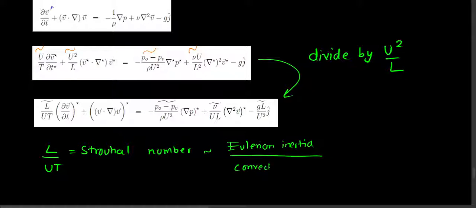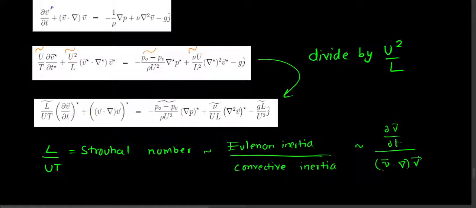We have talked about the convective derivative or the material derivative, so that's where it comes from. Eulerian inertia by the convective inertia, which I can write down as del V by del T divided by V dot del into capital V. These are the convective inertia terms which we had seen.